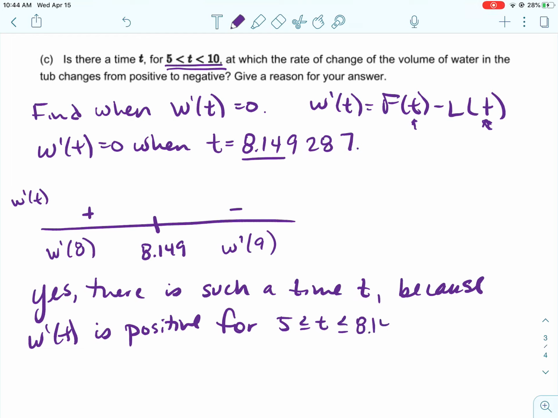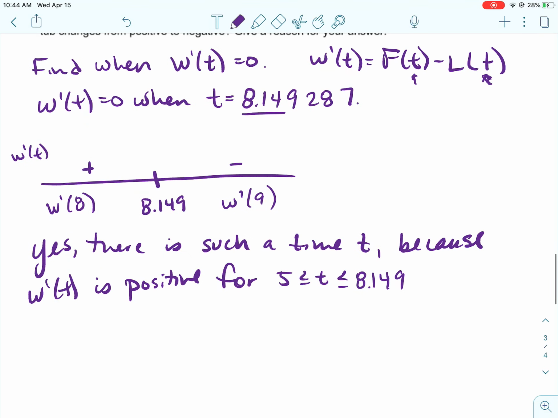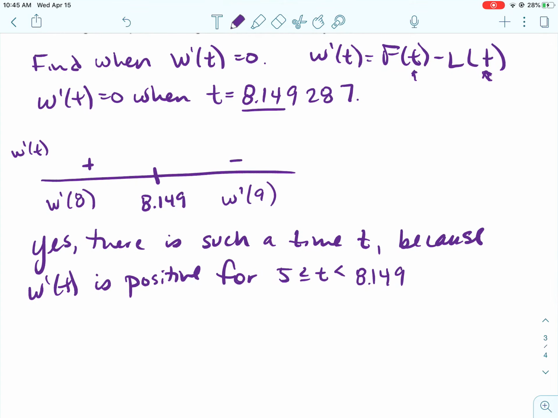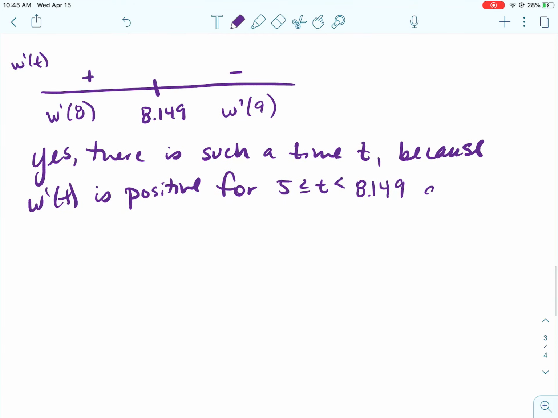because w prime of t is positive for 5 is less than or equal to t is less than or equal to that value where it's 0. Actually, we don't have equal to there because it is 0 there.